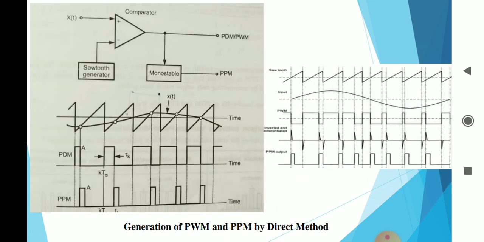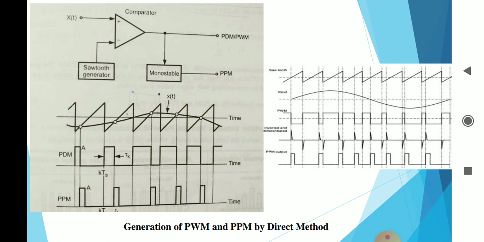So here is the generation of PWM, and the next stage of PWM, which is PPM, can be generated by using a single comparator as shown here. The plus sign of the comparator is provided with x of t, which is my message signal, and the negative sign of the comparator is provided with the input sawtooth generator.